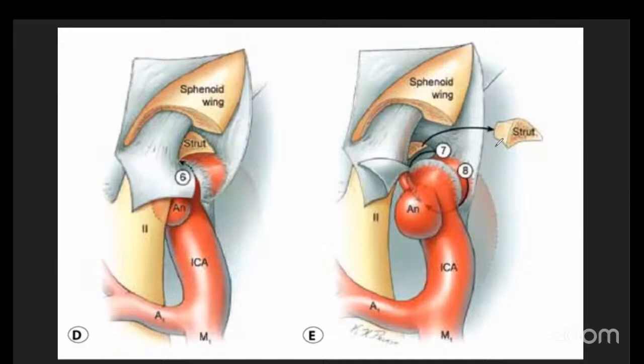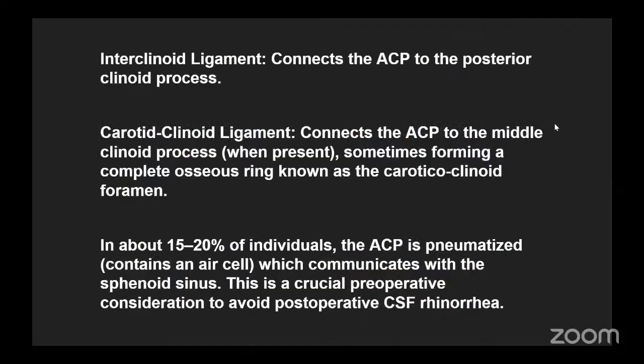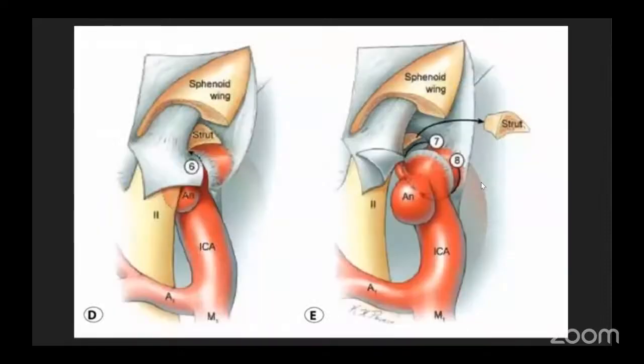And along with ACP, it's a no-brainer that we are going to drill the medial sphenoid wing, lesser sphenoid wing, medial portion. Am I clear till here? Yeah, optic strut is a part of which bone? Optic strut would be a part of sphenoid bone.